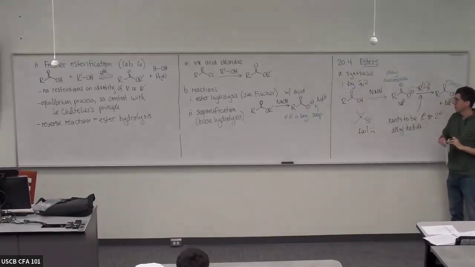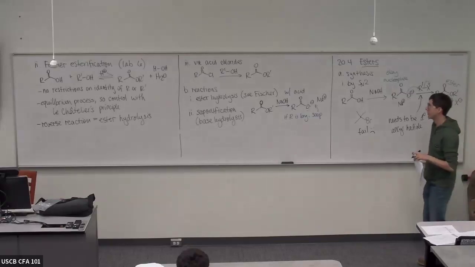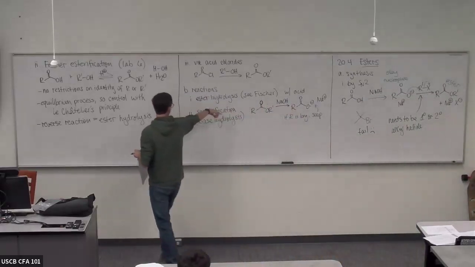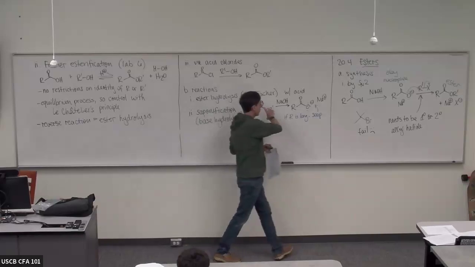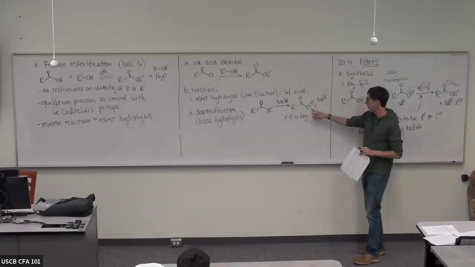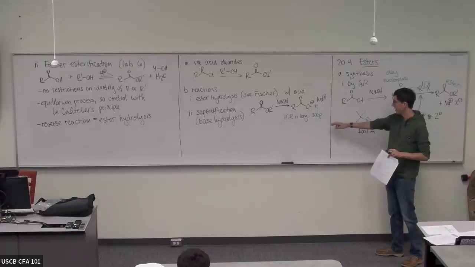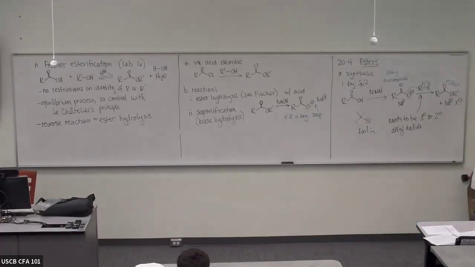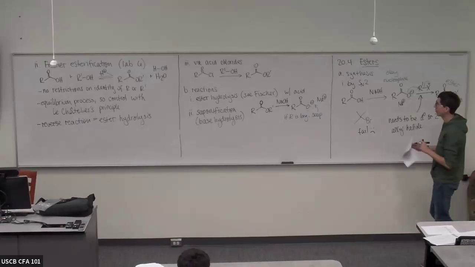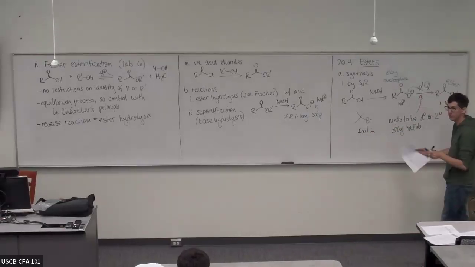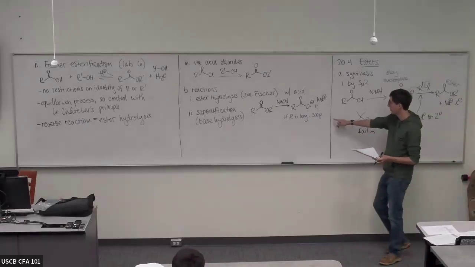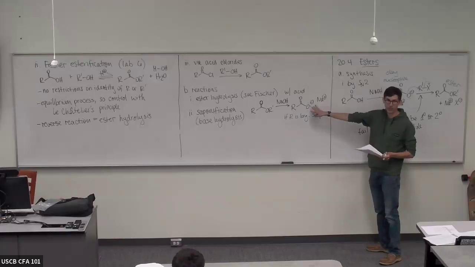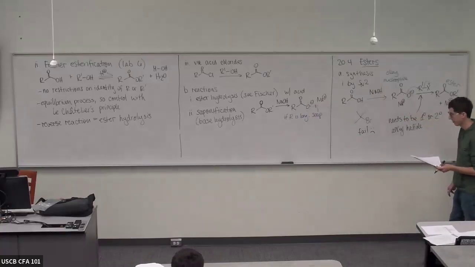If R is a long chain, imagine just a straight chain hydrocarbon going like all the way up to here or so. You've got this long alkyl chain and then a really polar functional group at the end of it. That's soap. Sodium soaps are usually solid, potassium soaps usually liquid. This is not soap, sadly. And then, of course, you can take this, treat it with acid to get your carboxylic acid back.